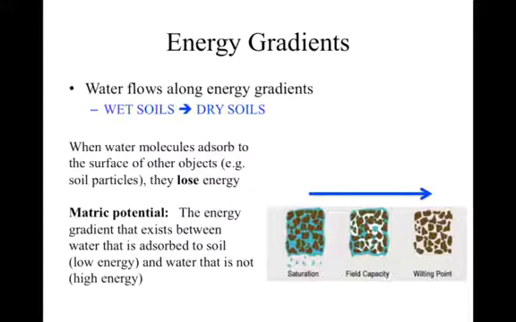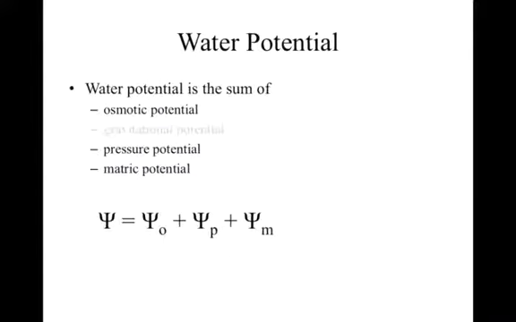And that's what drives the flow of water from wet soils to dry soils. It's all that water that doesn't have any surface to stick to, and so it moves to a place where there are free surfaces, and that's why you get water flowing from soggy soils into drier soils.